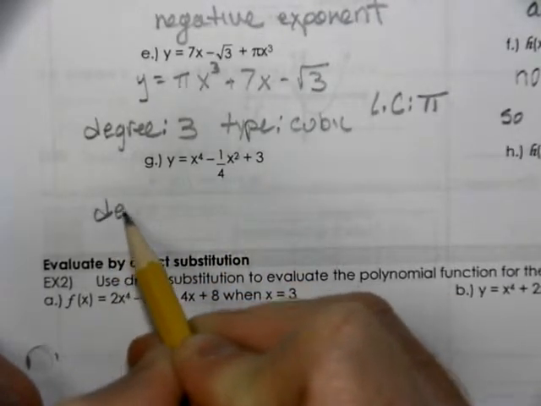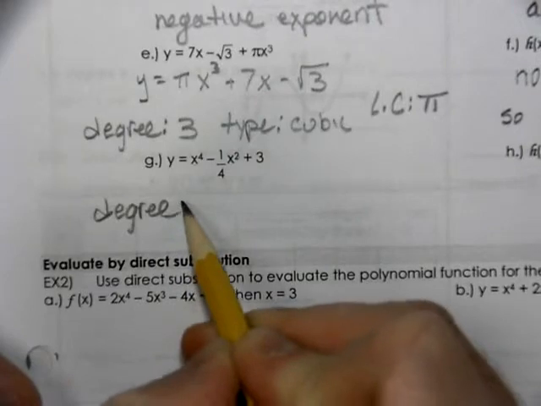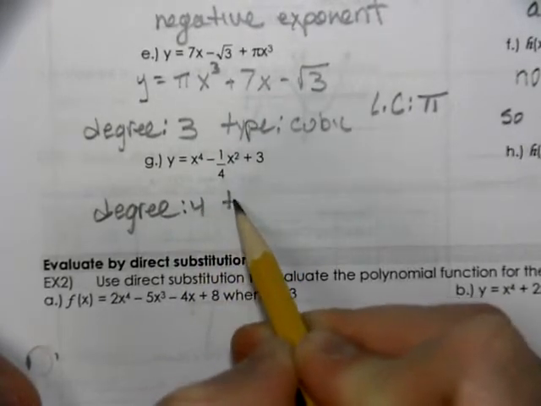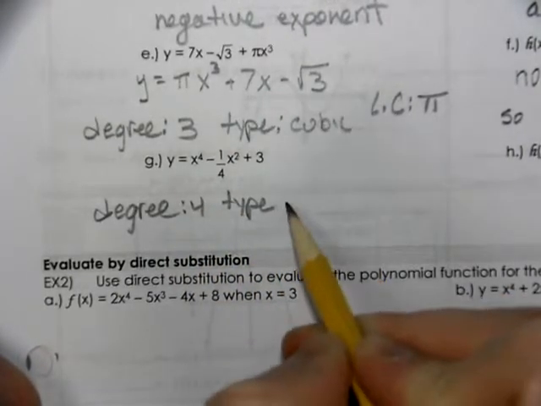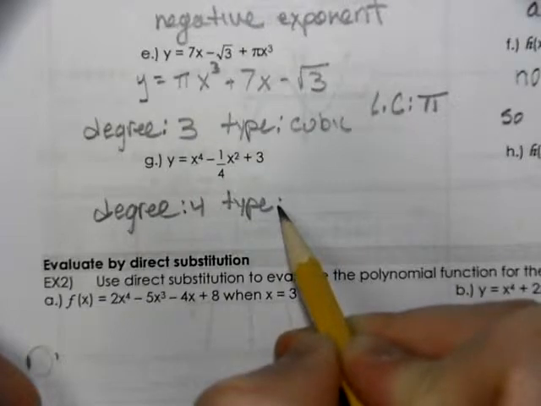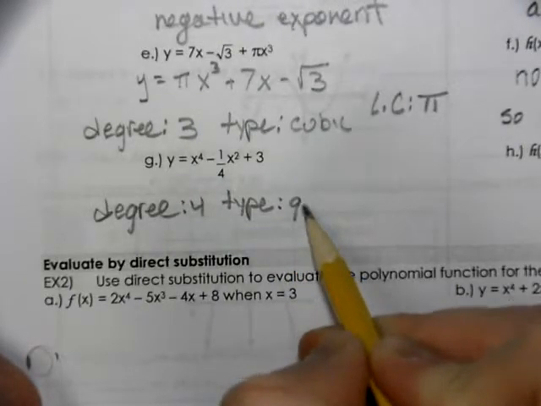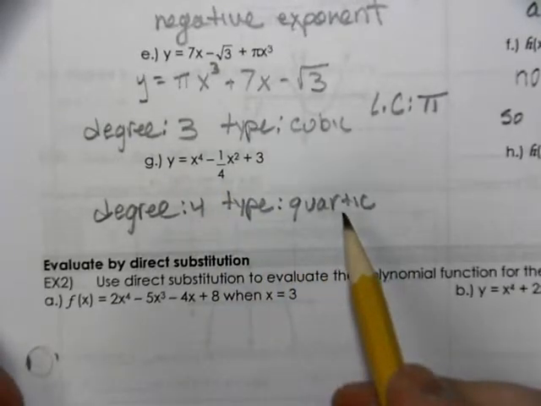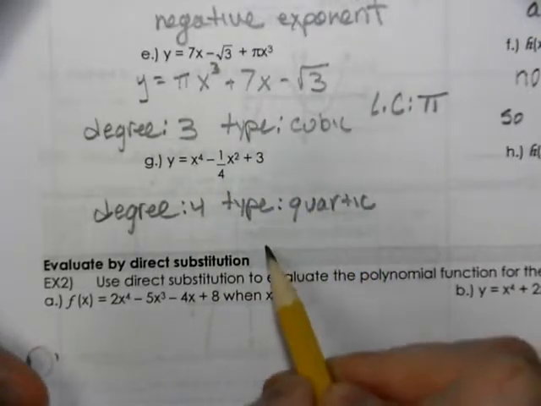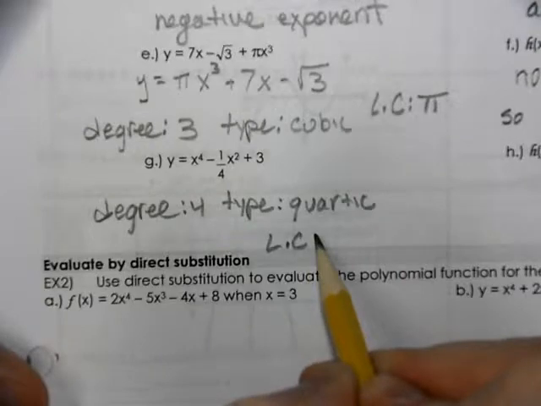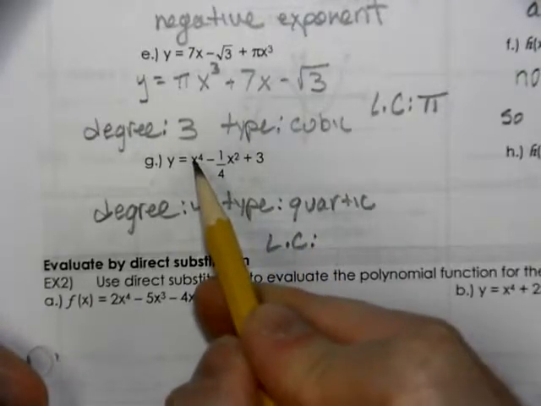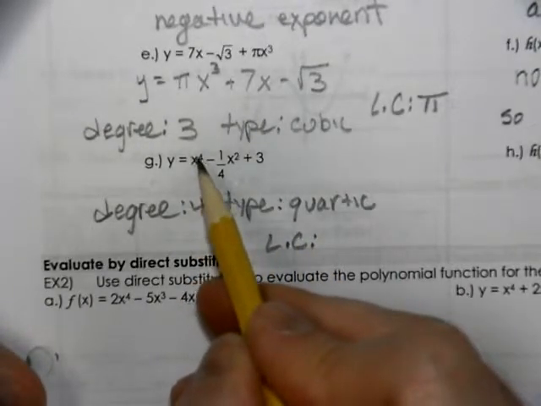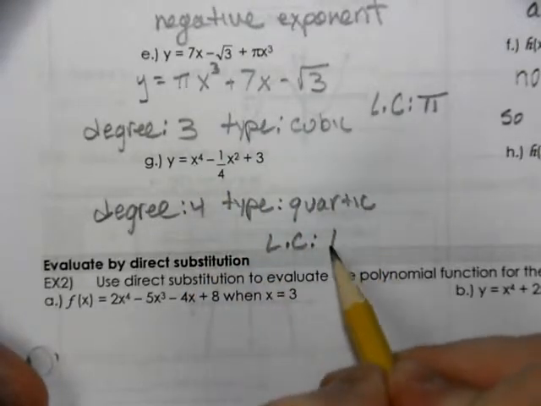So the degree is 4. The type is quartic, because it's to the fourth power. And the leading coefficient, the coefficient of the largest exponent, is 1.